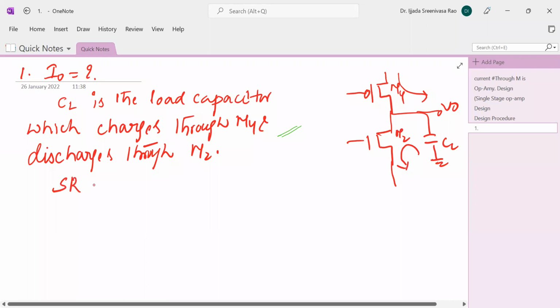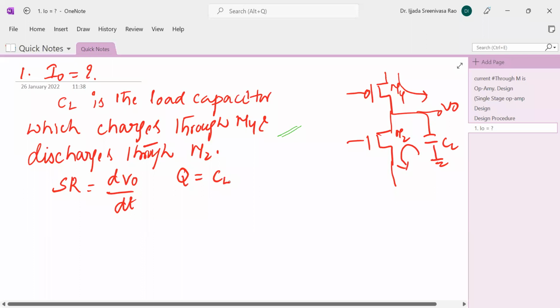Then I can write the slew rate. Slew rate is equal to the maximum rate of change of output voltage V0. What is the charge across CL? You can write Q is equal to C into V, that is CL into voltage V0.